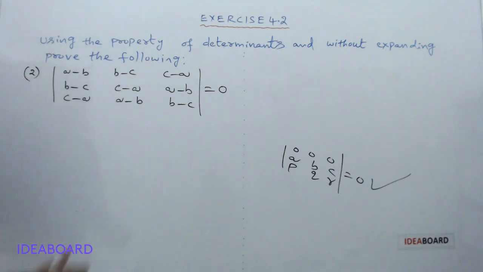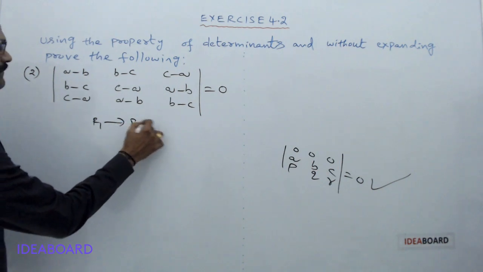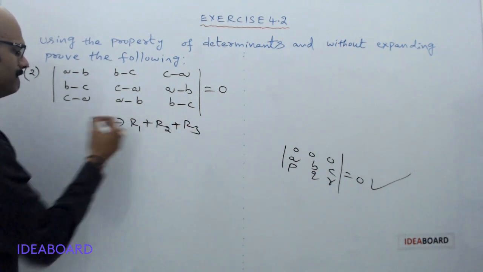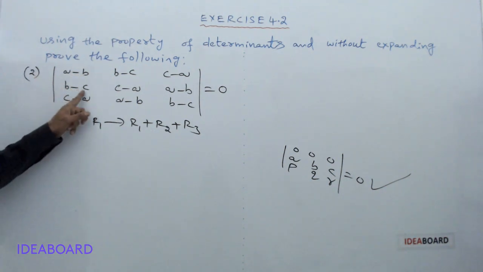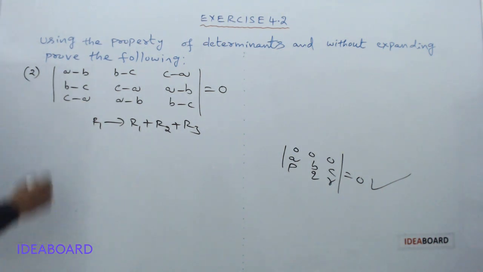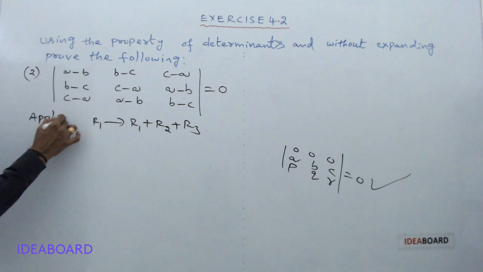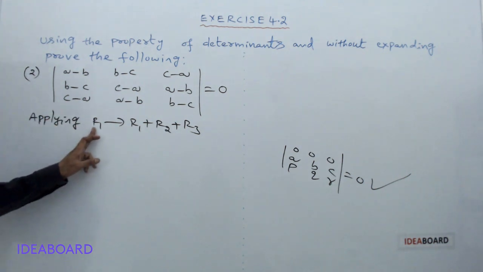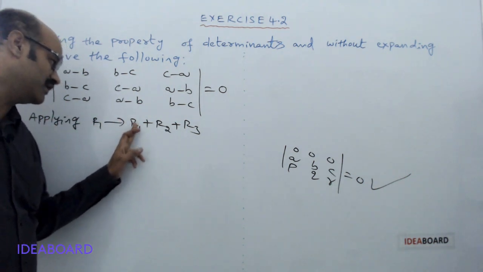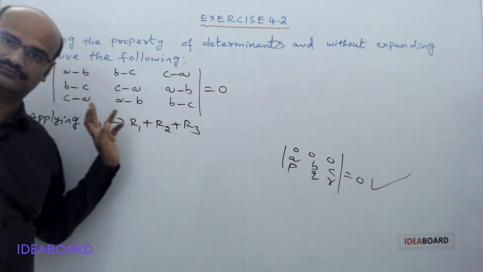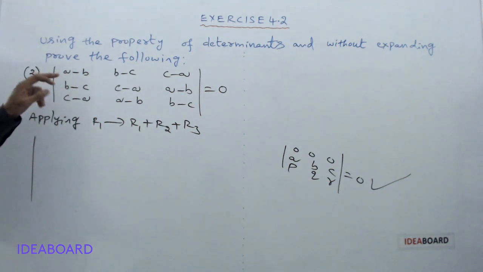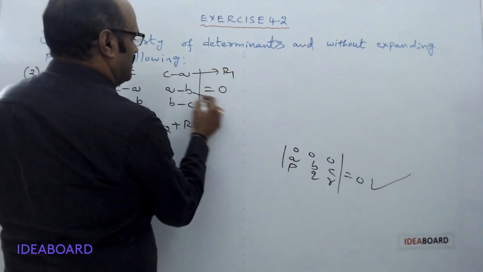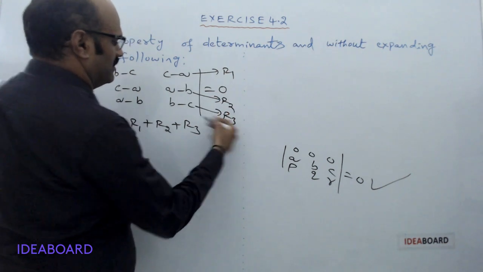So we take R1 changes to R1 plus R2 plus R3, since minus b plus b is 0, minus c plus c is 0, plus a minus a is 0. Applying R1 changes to R1 plus R2 plus R3, this is R1, this is R2 and this is R3.